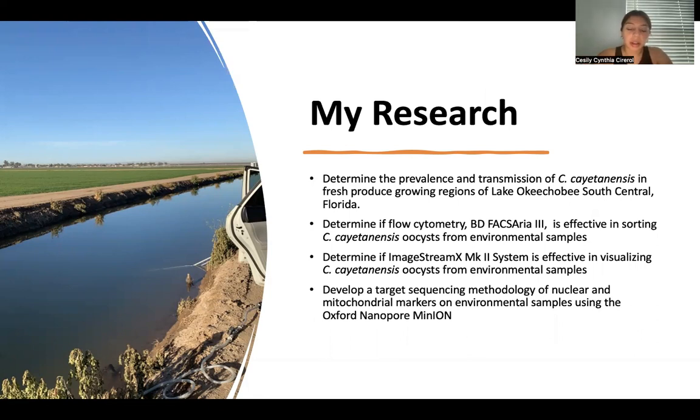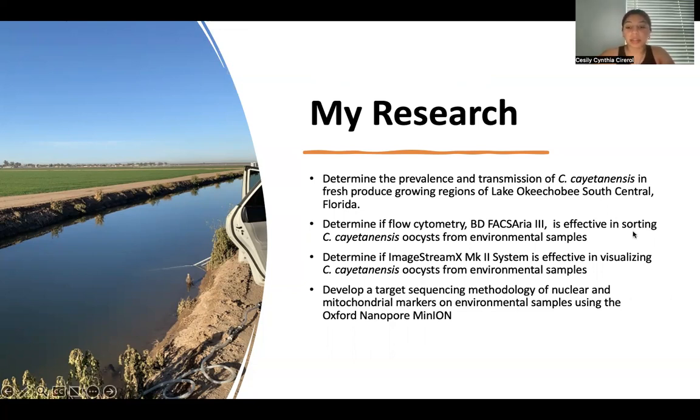Some other objectives of this research is to determine if flow cytometry, which is something we're going to go over in a little bit, is effective in sorting the Cyclospora oocysts from environmental samples. So the oocysts are again the form of the parasite, and in the environment they sporulate, and that's what people ingest to become infected.